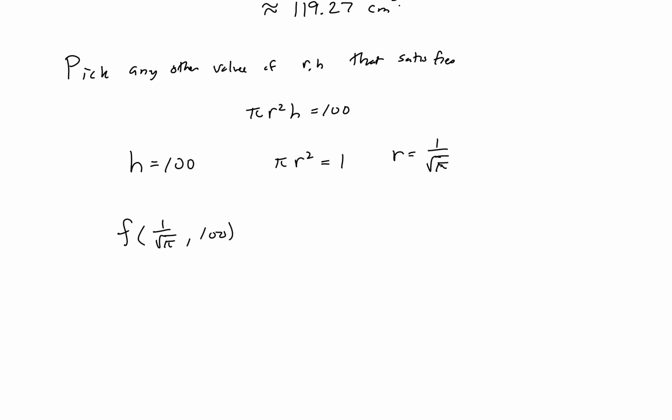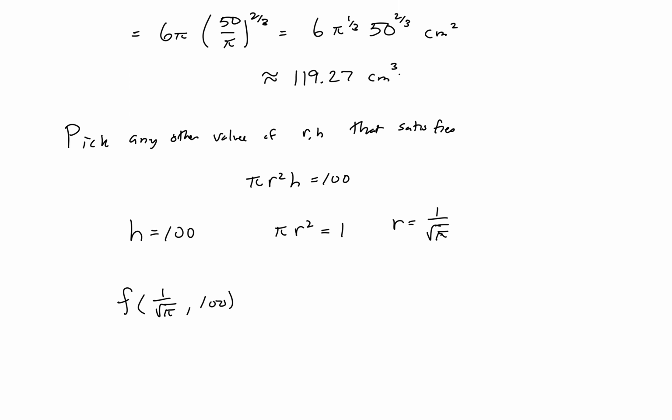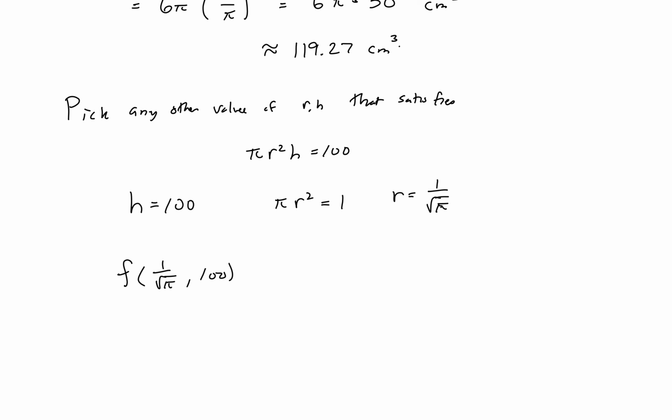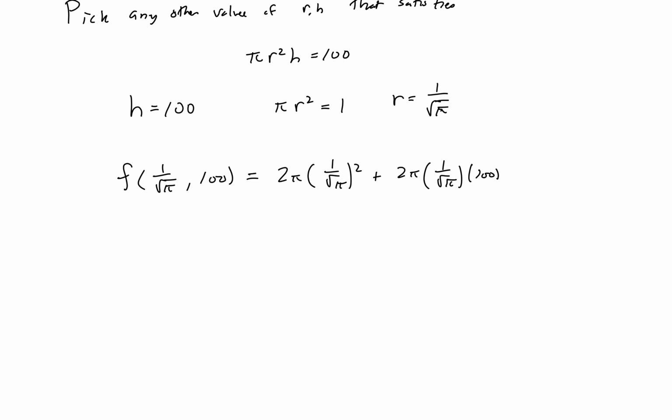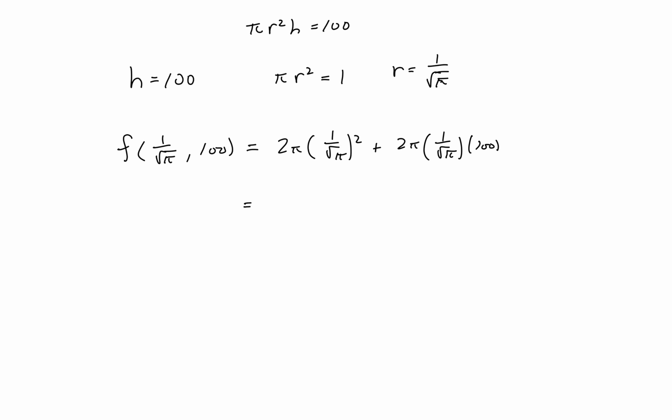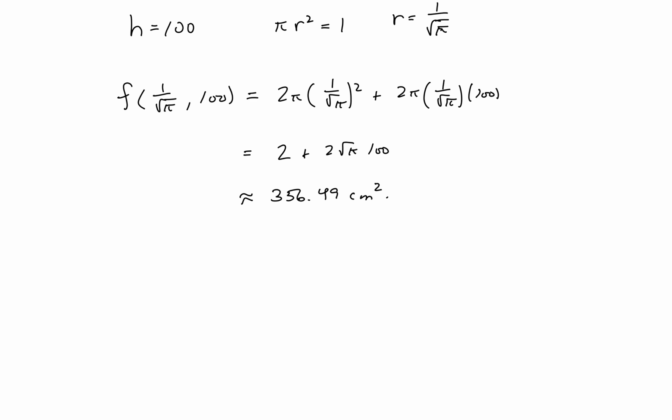If it's bigger than 119.27, we'll know we found the minimum. If it's less than, we'll know that that's the maximum. We certainly hope we found the minimum. So this is 2 pi times 1 over square root of pi squared plus 2 pi times 1 over square root of pi times 100. And if we simplify this, this is 2 plus 200 square root of pi, which is about 356.49 centimeters squared. So that means that was our minimum.